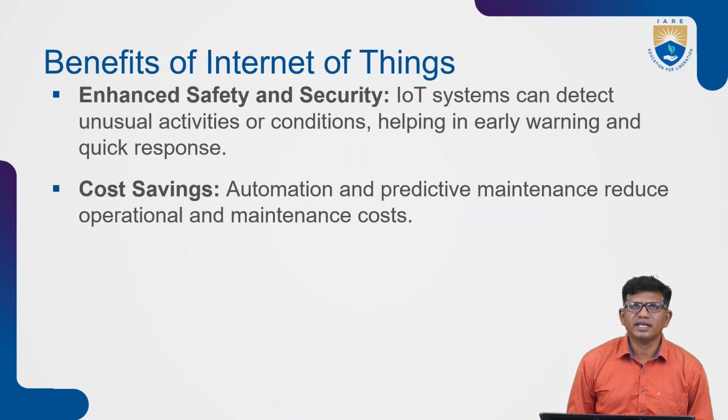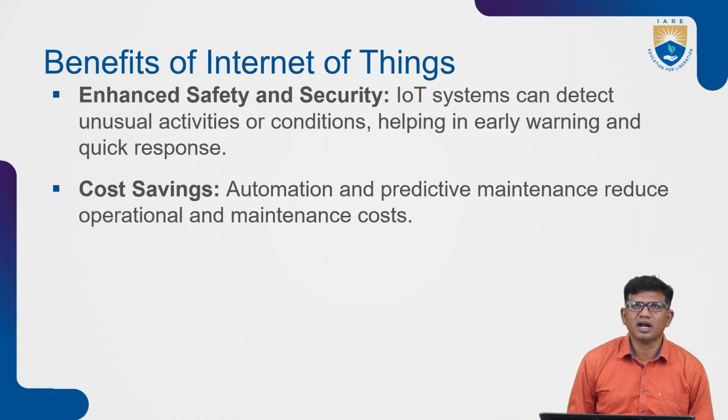IoT systems can detect unusual activities or conditions, helping in early warning and quick response. Like antivirus software. When we are opening a particular application, if it is unauthorized, then we get a warning. That is an example of this.